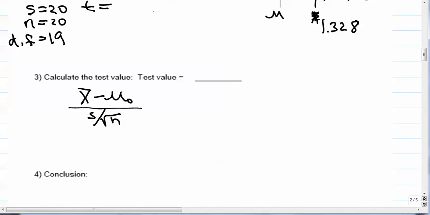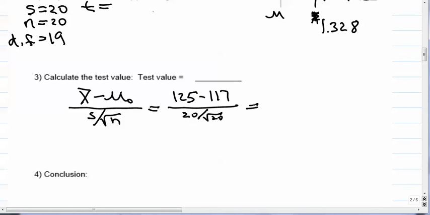So getting my information from the problem, we know that x bar is 125. The null hypothesis mean is 117. S is 20. Divide that by the square root of n, which is 20.